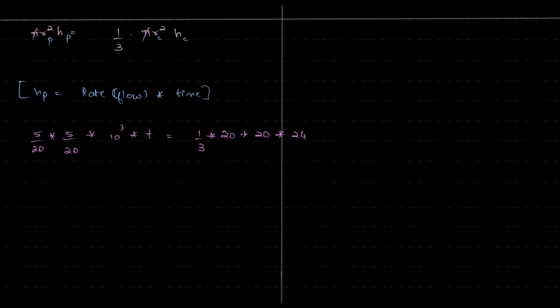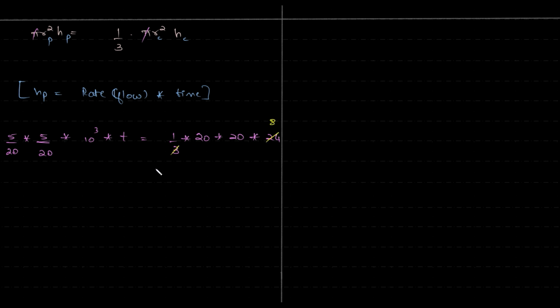Okay, let's see if I can cancel a few things out. So we have 3s are 3s are 24. Then we have 1s are 4s are.